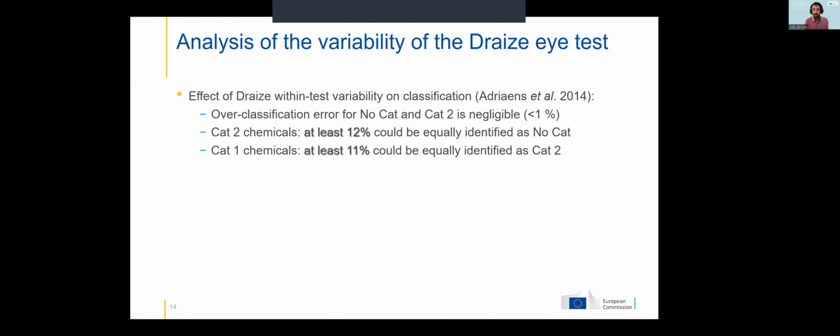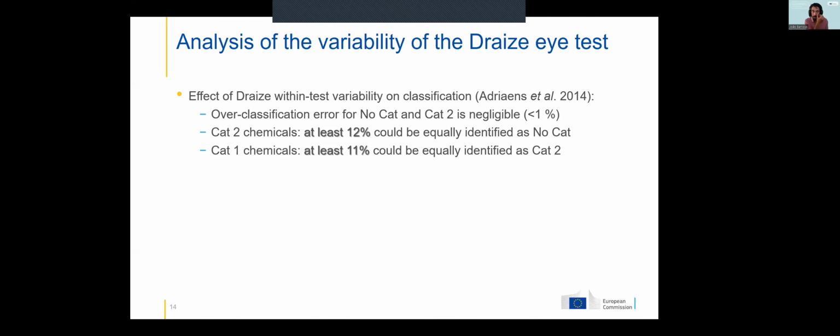So as I said in the beginning, we also did an analysis of the variability of the Draize eye test in order to identify acceptable performance benchmarks for the evaluation of NAMs. And we looked in the first paper in 2014 at the within test variability on classification.